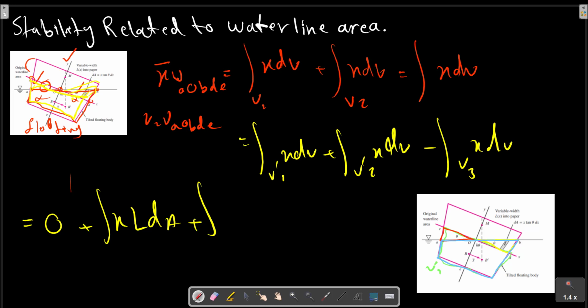The distance of the first volume to the center line is 0, so we write 0 here, and for the second we have an element dA. Here dV equals L dA, plus minus again x L dA.